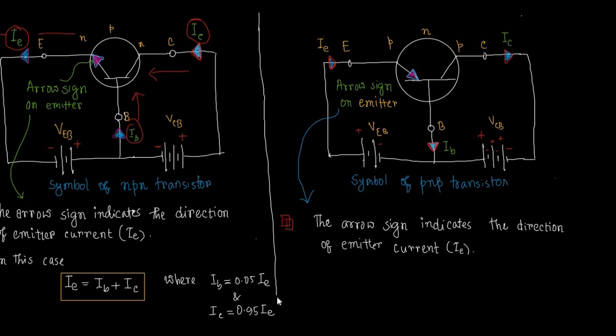In this case, we can say also that emitter current IE is equal to IB plus IC.